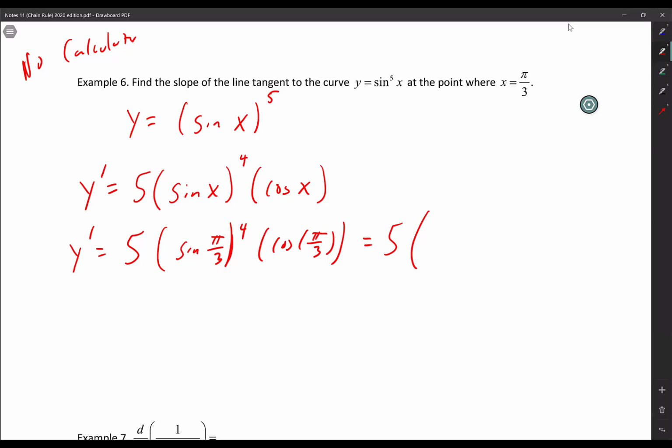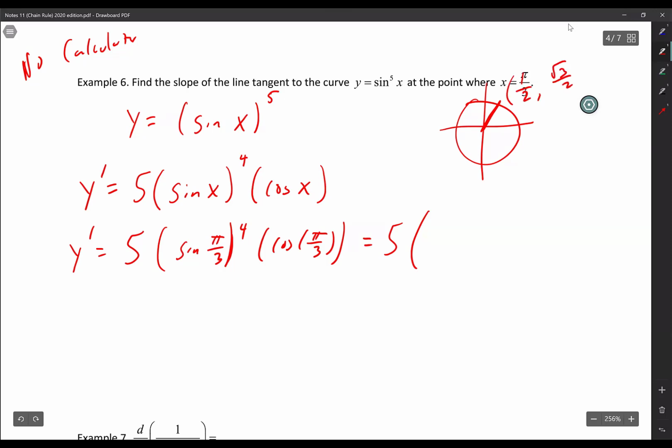Is it square root of 3 over 2? Pi over 3 is at 60 degrees. The x is a half. The y is square root of 3 over 2. Is sine x or y? Y. Here comes your pre-cal, guys. It's not even extreme pre-cal. It's just basic pre-cal. And then cosine is going to be a half.